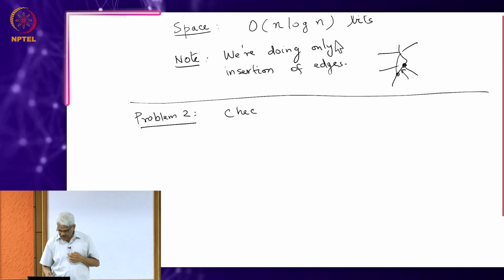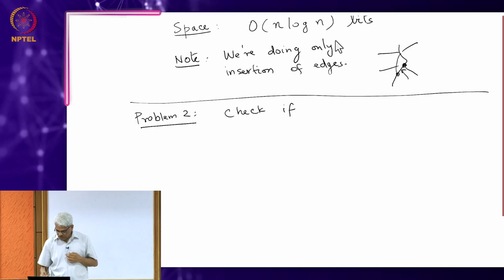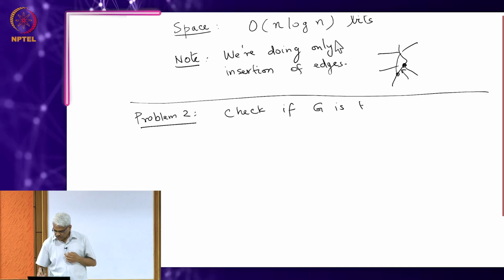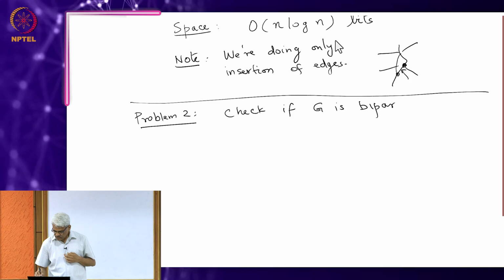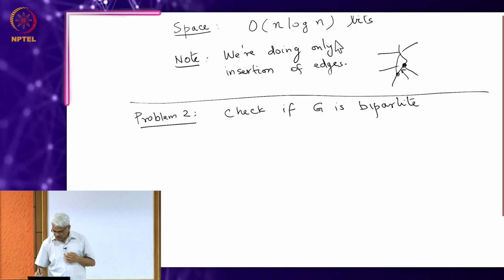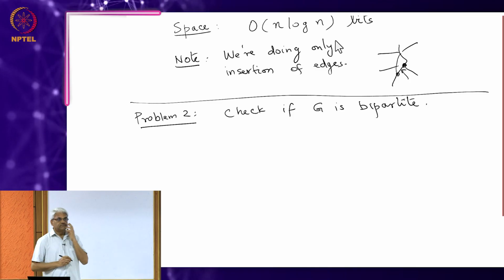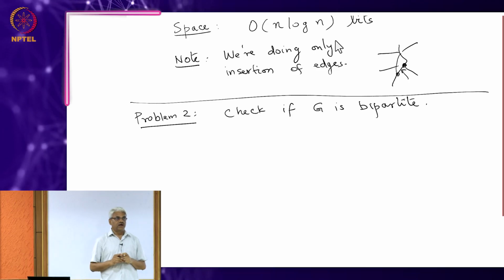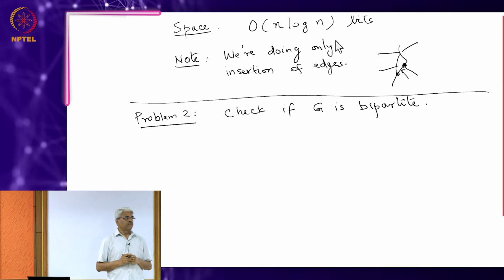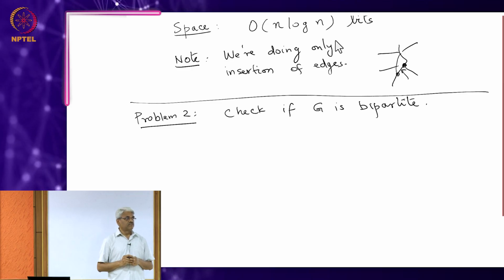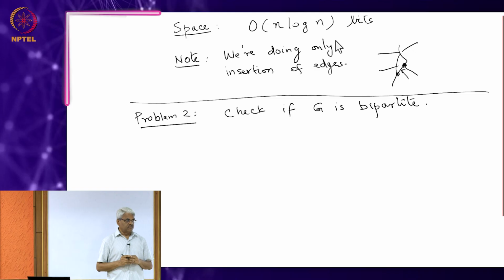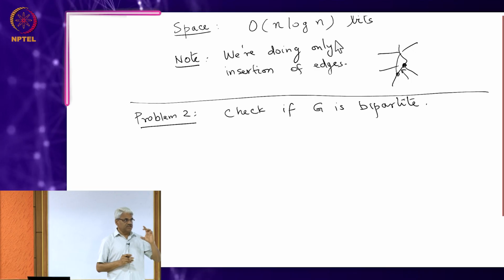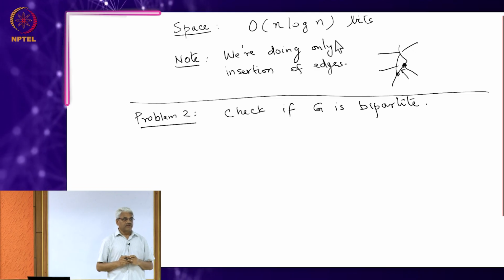Let's say I want to check whether the graph is bipartite. Okay, so what is a bipartite graph? No edge is within the same set. There is a way to partition the vertex set.